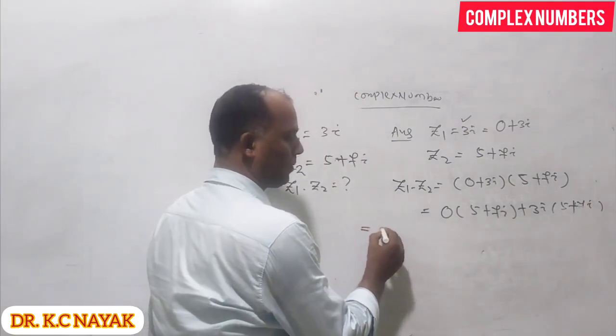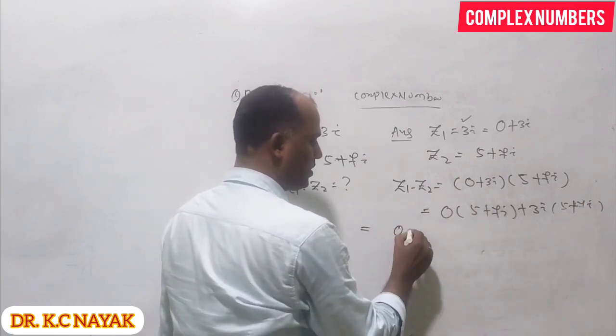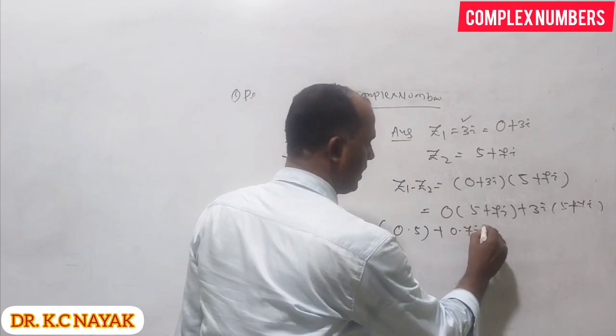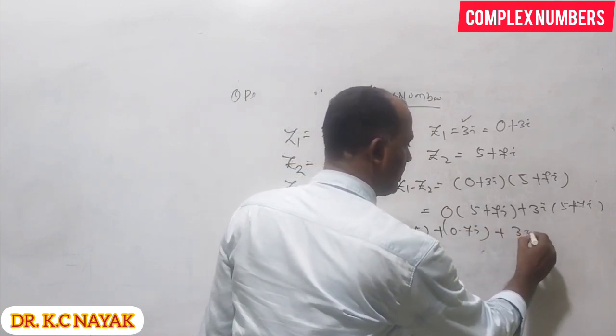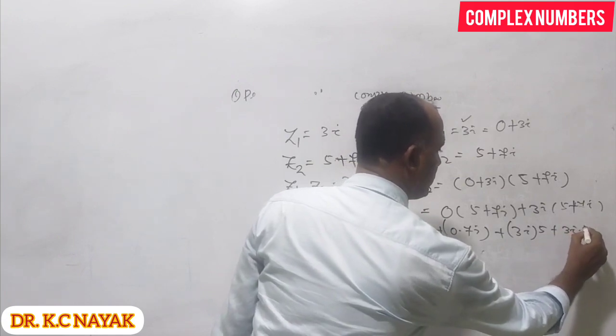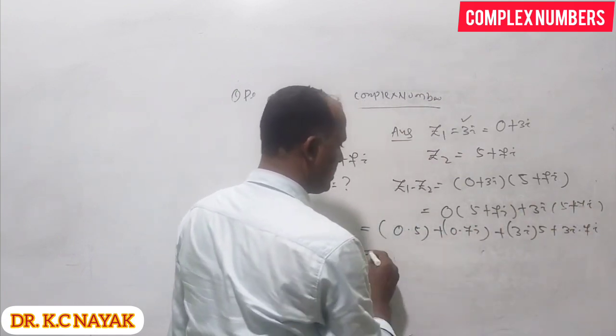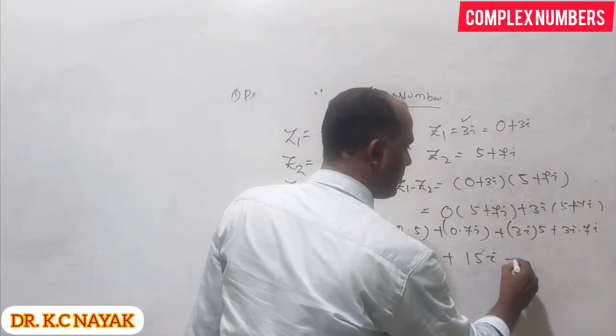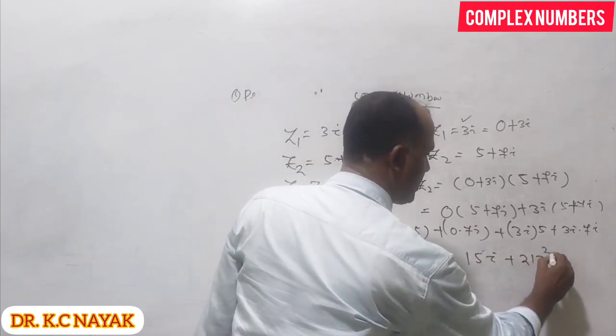Then we multiply 0 into 5 plus 0 into 7i. Again 3i into 5 plus 3i into 7i, which is 0 plus 0 plus 15i plus 21i square.